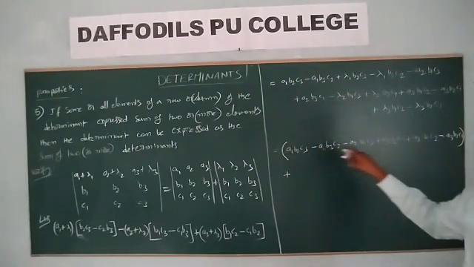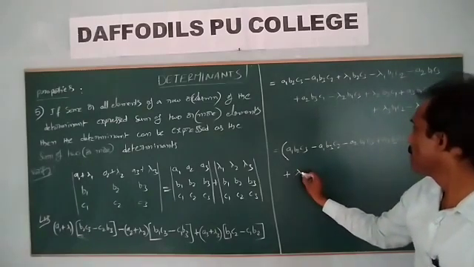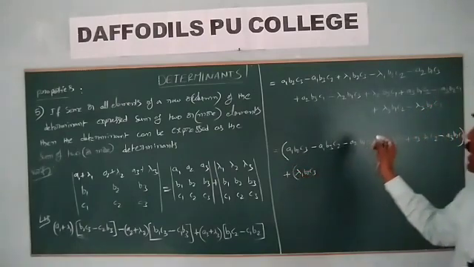Okay, next. In place of A1, A2, A3, here lambda 1, like that. Lambda 1 B2 C3, this is one bracket.